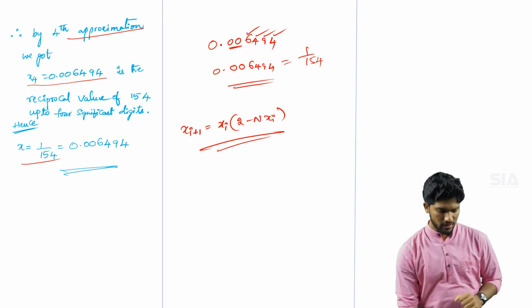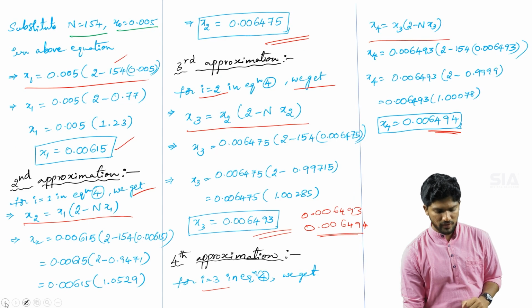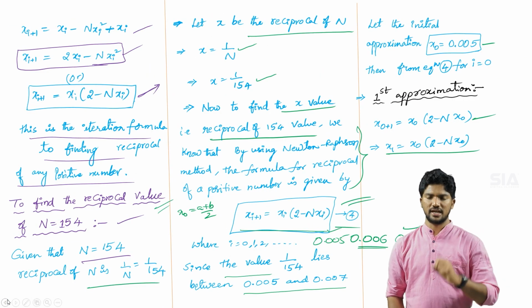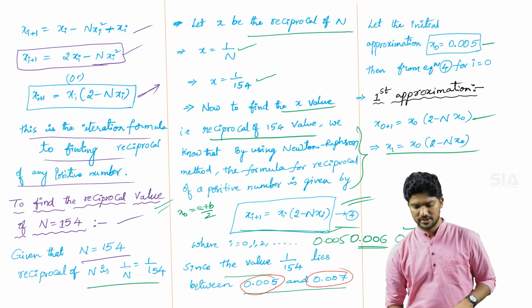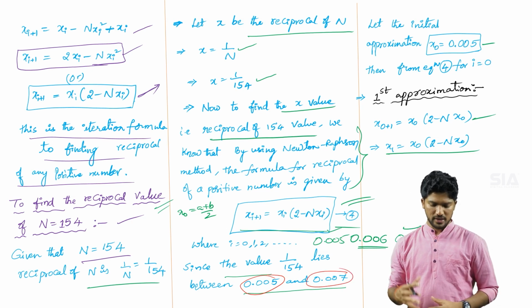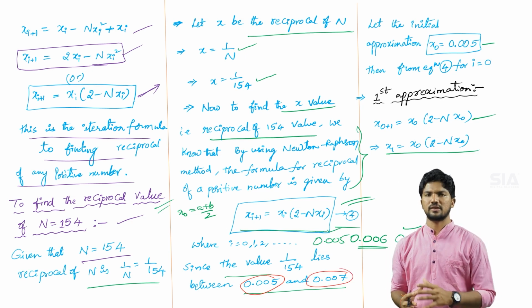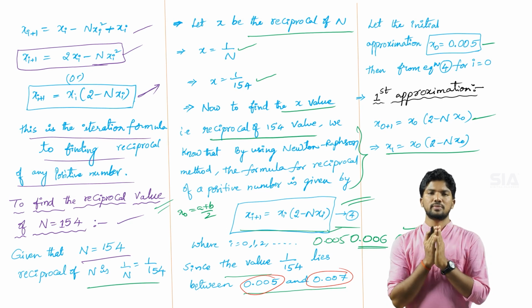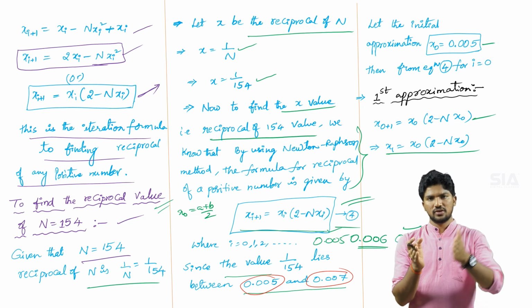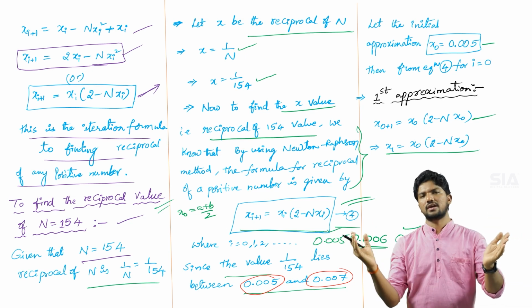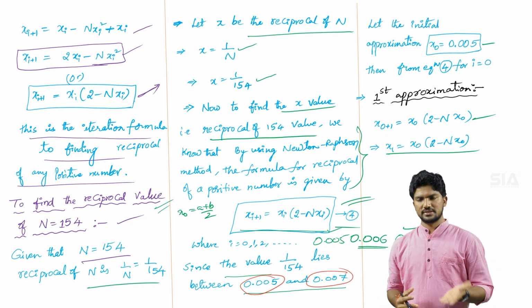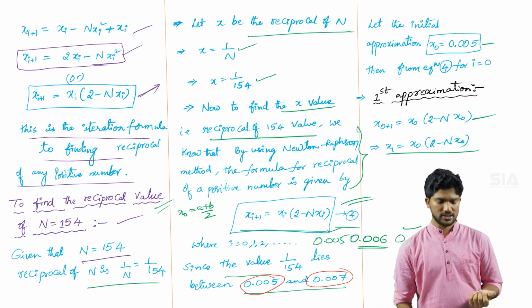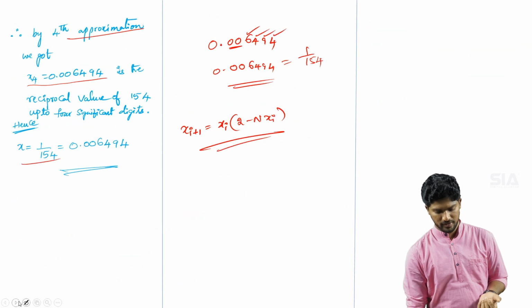But here our aim is to find the initial approximation, 0.005 and 0.007. Why? Because 1 by 154 is equal to 0.006. So you have to take the left value and the right value, and in between them you can take any one as an initial approximation. Then you have to substitute in the equation, and you will get the required value.